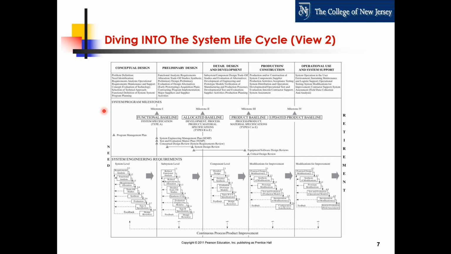So functional baseline, that is at the end of the conceptual design, and the outcome of that conceptual design process is a specification. It's a system specification of what we call type A. And this has been vetted and developed by a lot of smart people with a lot of experience through INCOSE, which is the equivalent for systems engineering of IEEE for electrical and computer engineering.